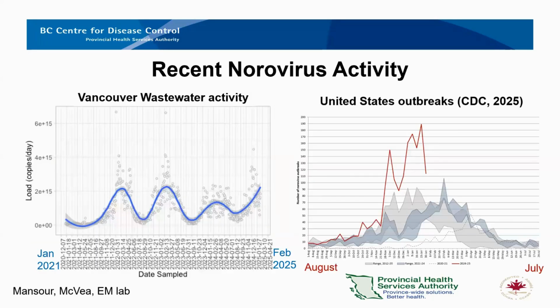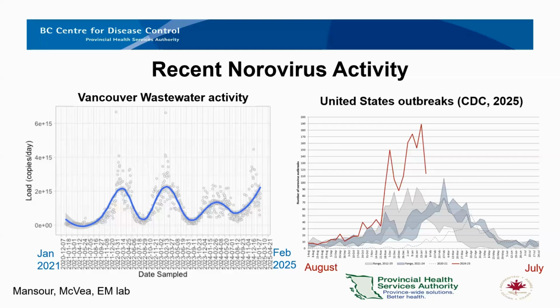So what's been going on with norovirus more recently? On your left, in the blue curve, you're seeing the wastewater activity for norovirus, or wastewater detection of norovirus, in a local wastewater plant from January 2021 till February 2025.